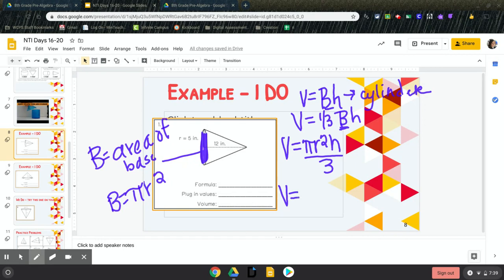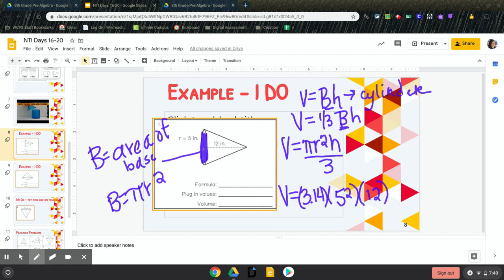So the volume is equal to 3.14 times r squared. So that's the radius. They didn't give us the diameter, they gave us the radius. So that's 5 squared times the height, which is 12. Okay?